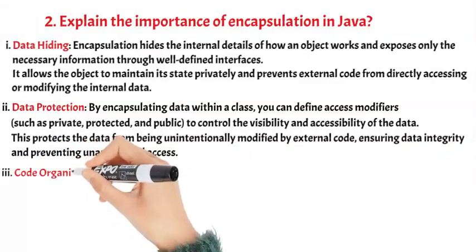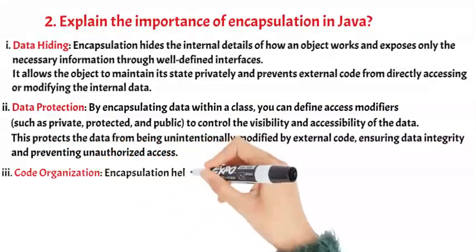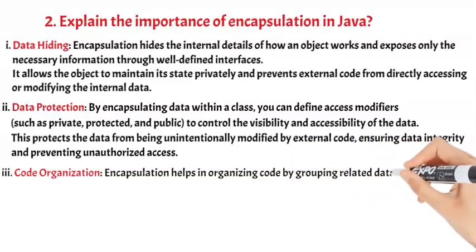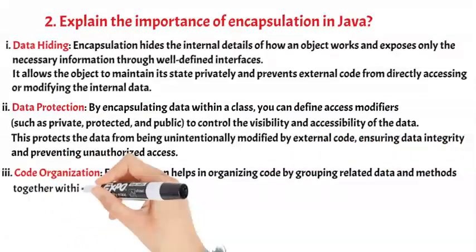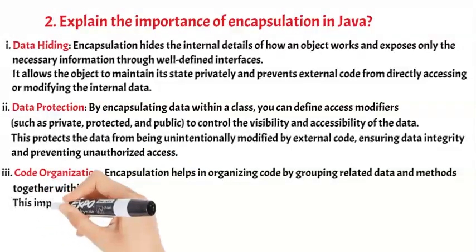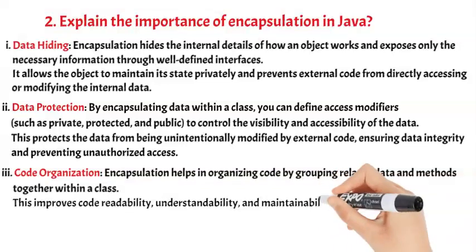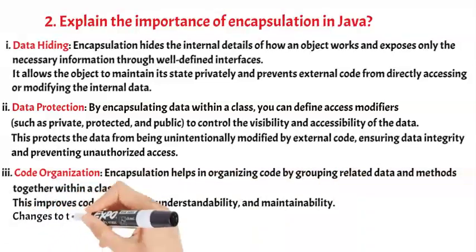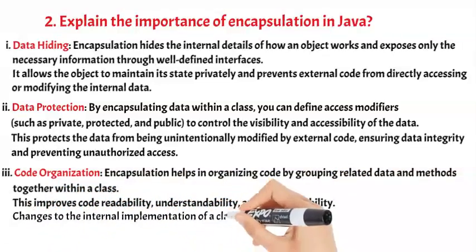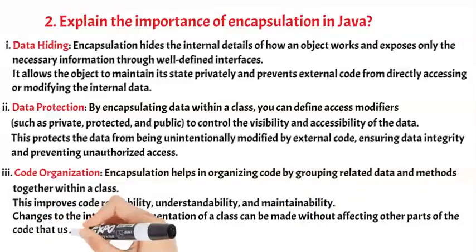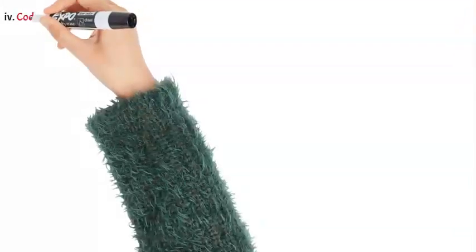3. Code organization. Encapsulation helps in organizing code by grouping related data and methods together within a class. This improves code readability, understandability, and maintainability. Changes to the internal implementation of a class can be made without affecting other parts of the code that use the class. 4.